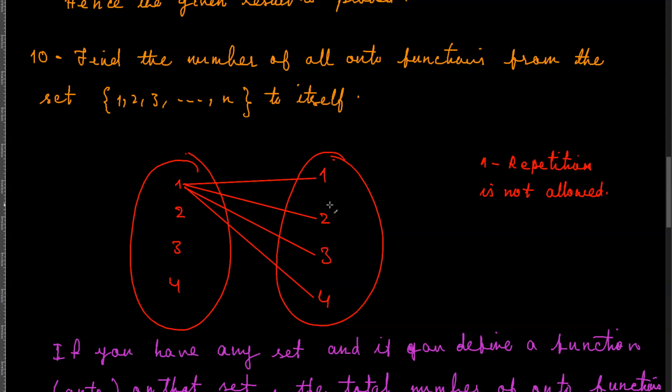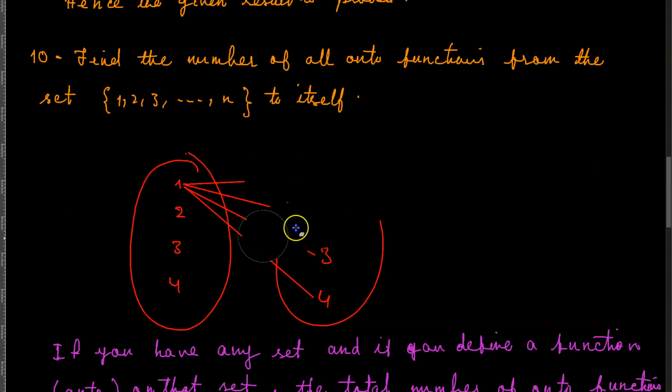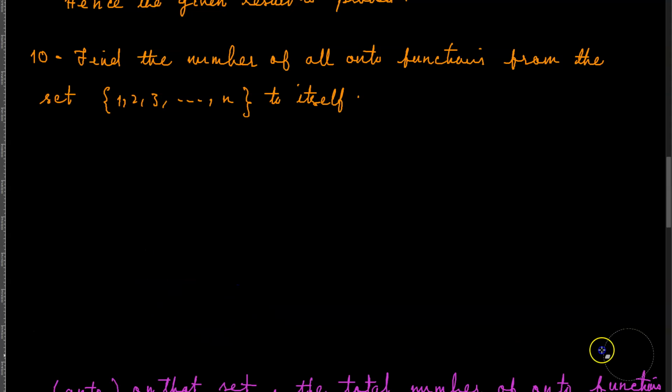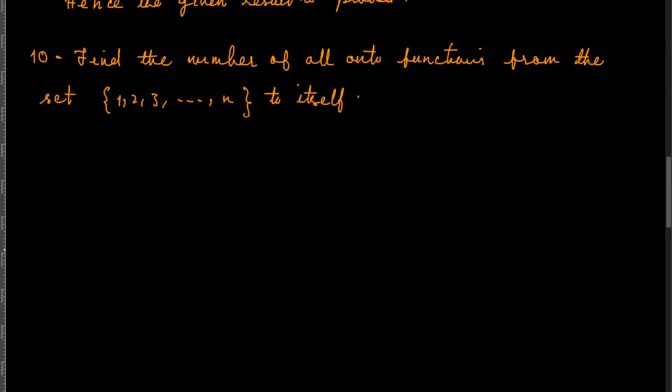So now going back to the question, based on this whole discussion, you can say that the number of all the onto functions from this set to itself would simply be n factorial, right? That's very simple and very elegant.